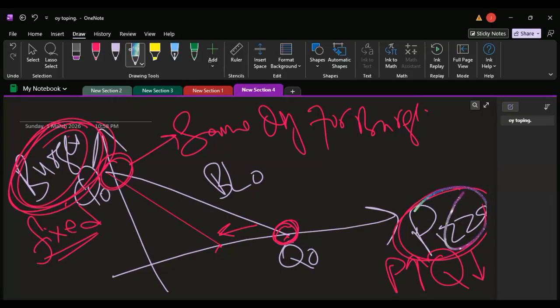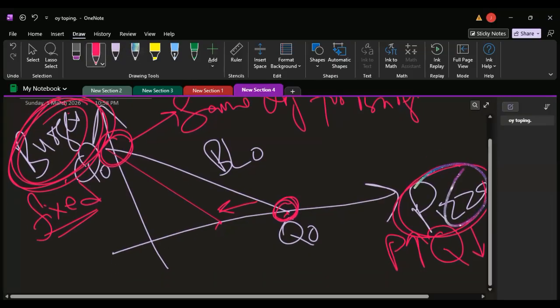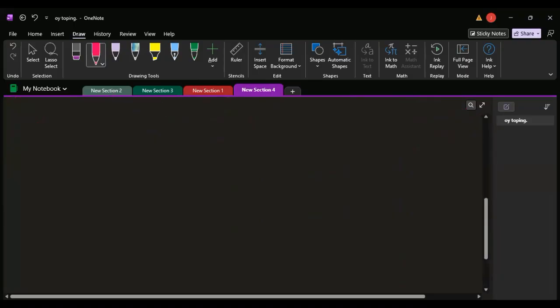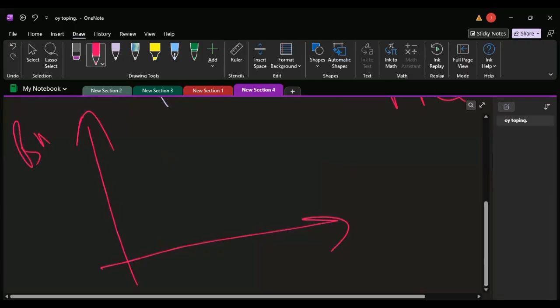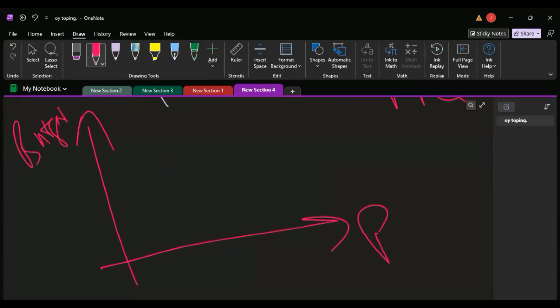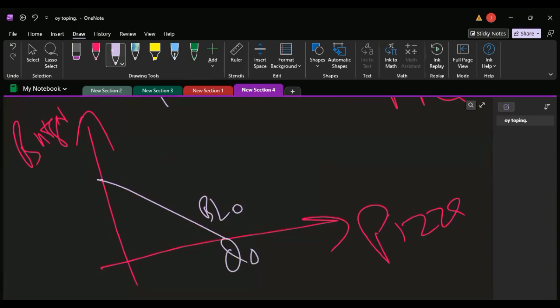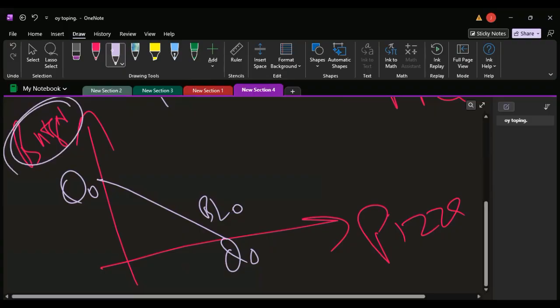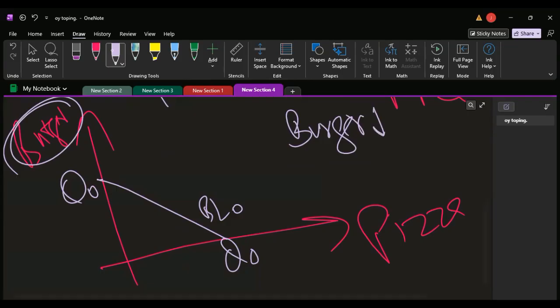Let's write the same for the burger as well. Burger, pizzas, making the original budget line, Q naught, Q naught. Let's say the prices for the burger have decreased.